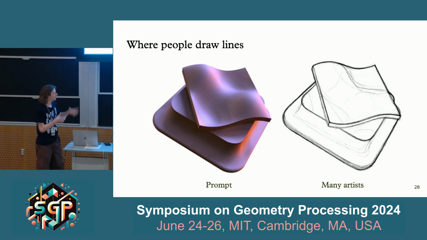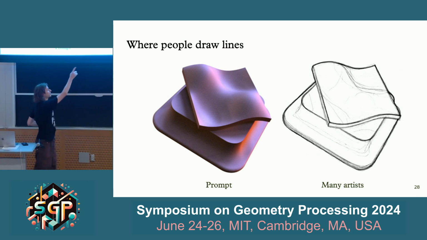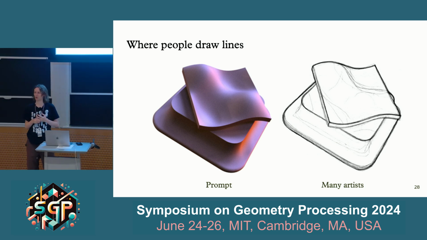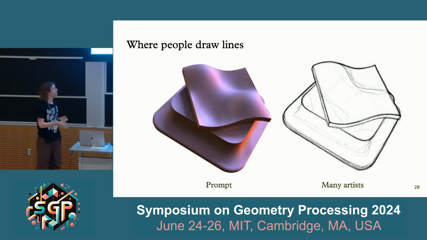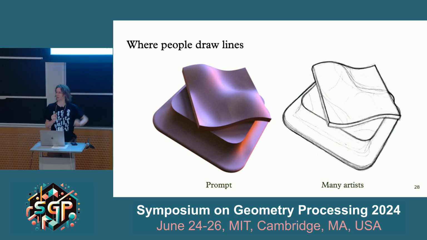Then they registered all these drawings and merged them together, and that's what you have on the right. The researchers then tried to guess what these lines people draw are. Can you have some mathematical model for them, from the 3D object to render something similar? That would be the idea.